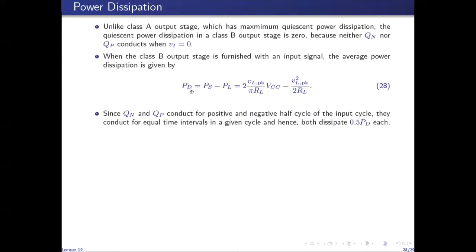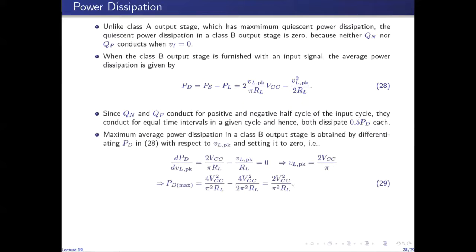Half of this average power is dissipated in Qn, and the other half in Qp. So on average, over the complete cycle, Qn and Qp dissipate 0.5 PD each, because they conduct for half the time interval of the full cycle of the input signal.